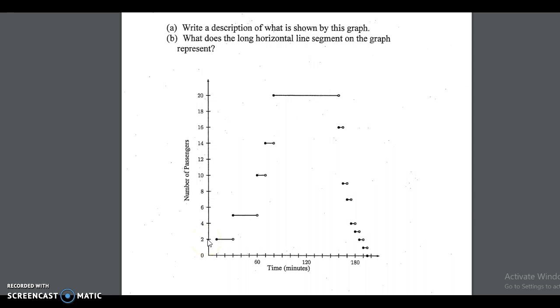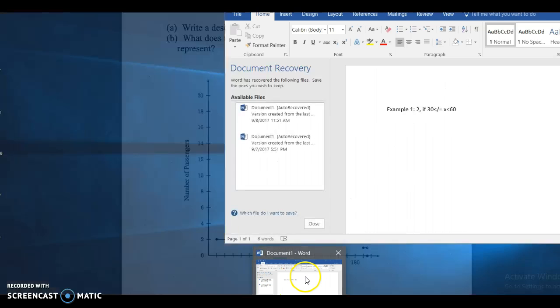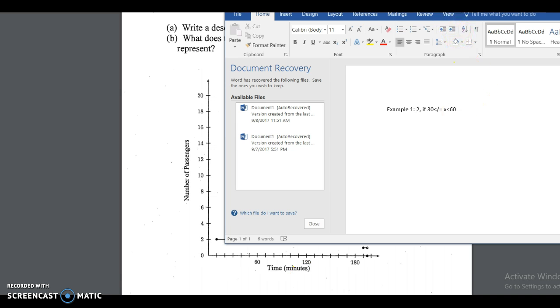For 2 passengers, it's going to take between 10 minutes and 20 minutes for them to get to their destination, but it's not going to take more than 30 minutes. I'm sorry. To show that in the function, I've put it in my Word. This is what it would look like.